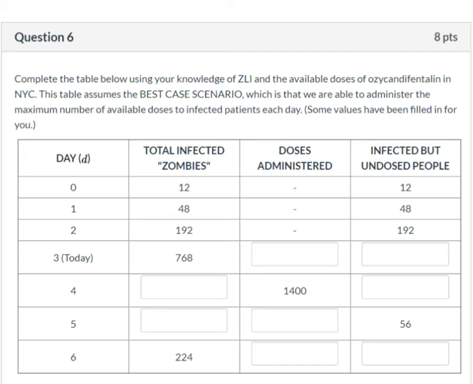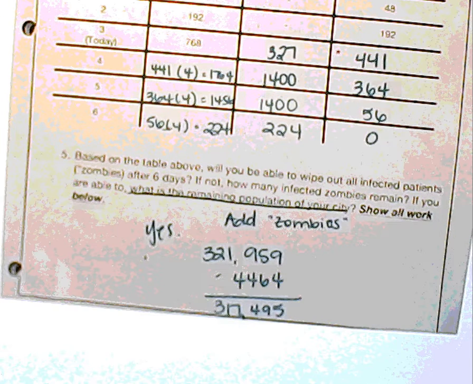Okay, then we're asked to complete this table, and a good portion of this we've already answered, or we can answer very quickly. We just answered the doses administered on day 3 was 327, and so the infected but undosed people was 441.